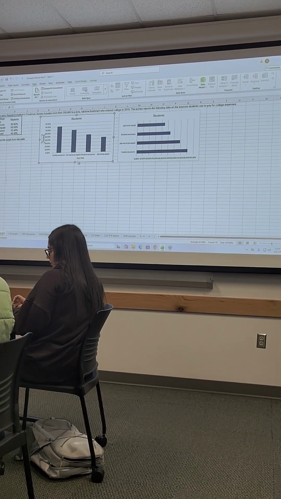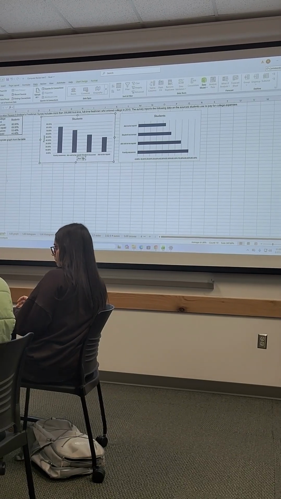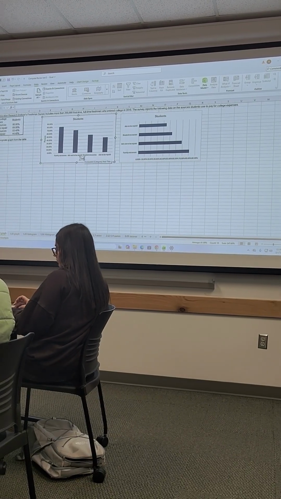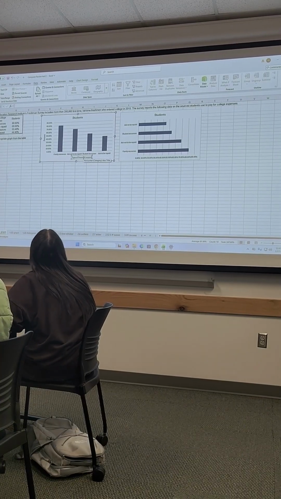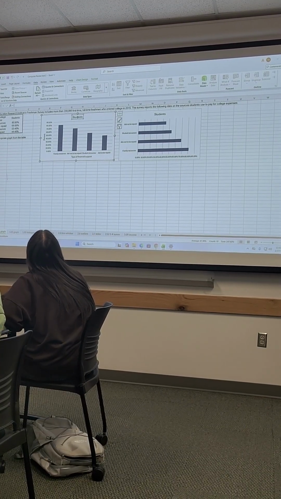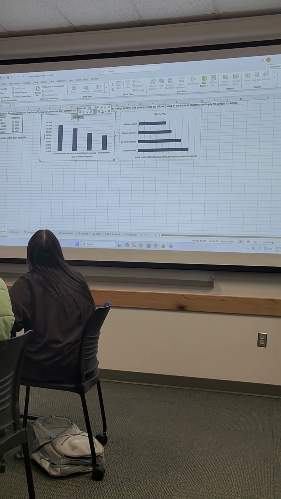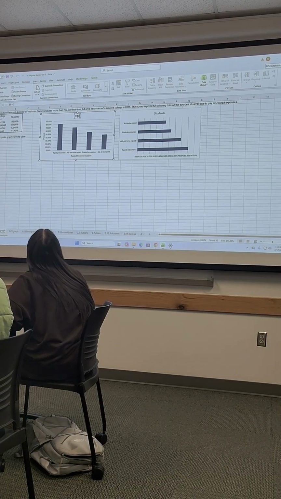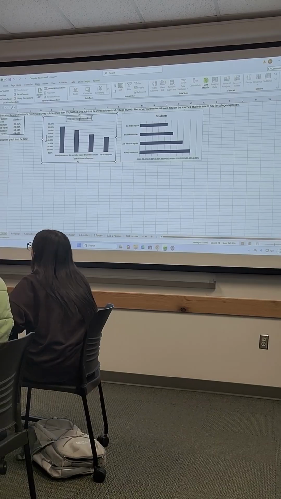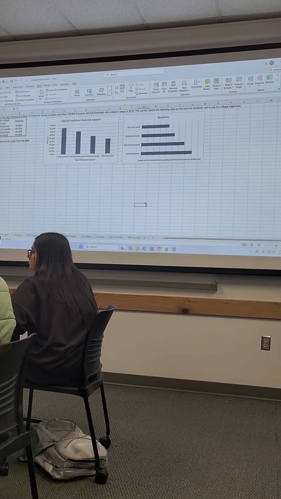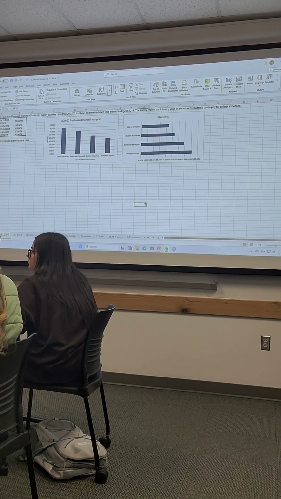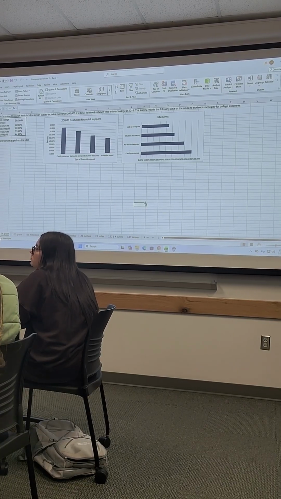And then down here, you can put type of financial support. And up here, you can change it from students to system financial. Do you all know how to do that?